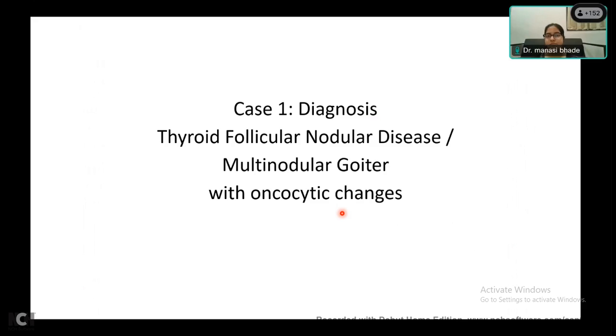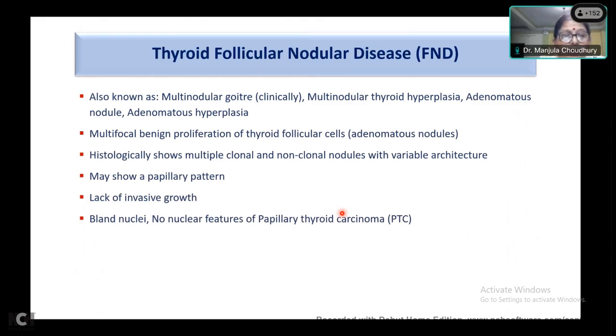Yes, ma'am. I want to comment. Yeah, Dr. Manjula, can you comment on that? So the Bethesda has three categories. It is a challenging one. Nowadays, artificial intelligence has some role in the reporting of the lesion, though there are some studies going on.